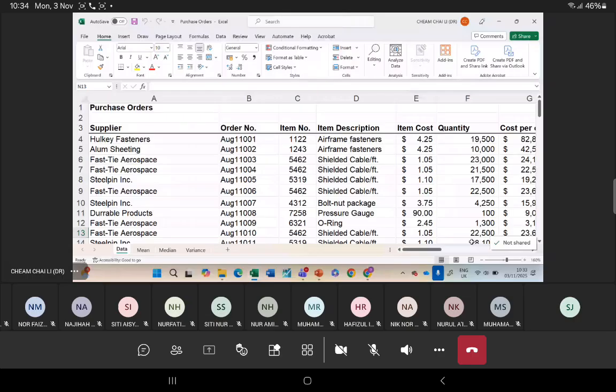Okay, what is this lead time? If you check here, lead time is where you have this order date and the arrival date, right? So arrival date tolak dengan order date, you will get the lead time.